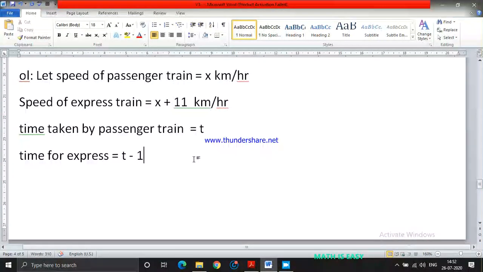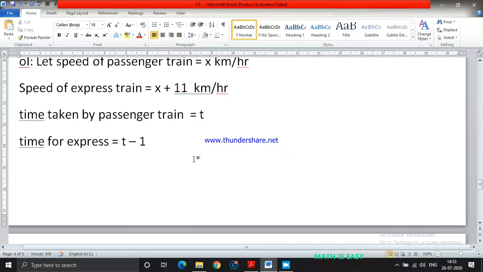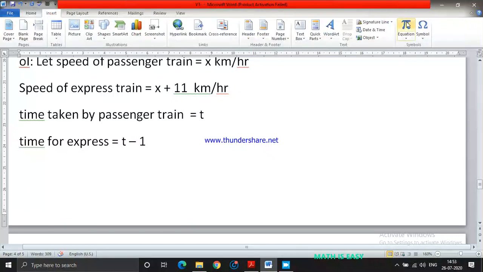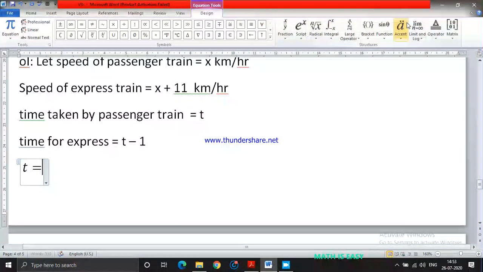Now I use speed equals distance upon time, or time equals distance upon speed, for both the cases. If I go for the passenger train, let me insert the equation. Time equals distance, 132, upon speed of the passenger train, x.